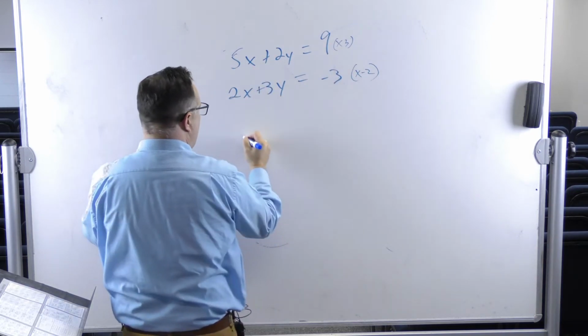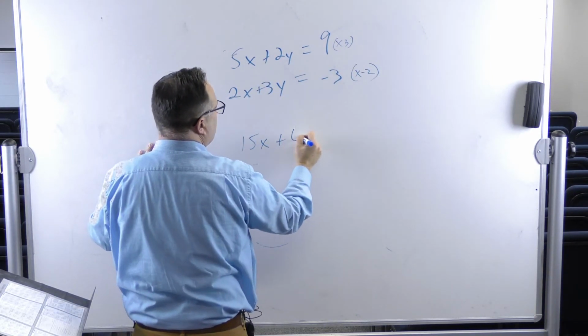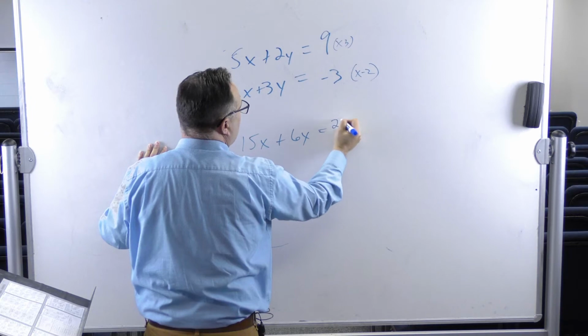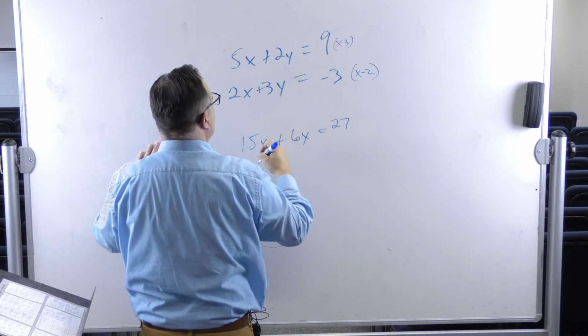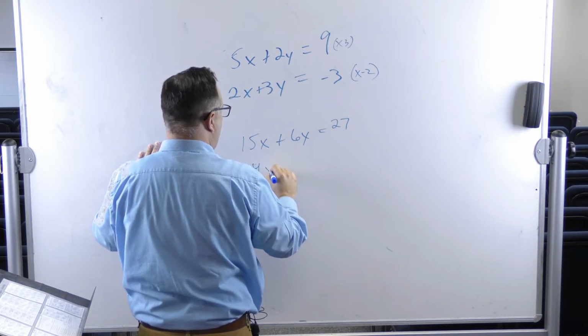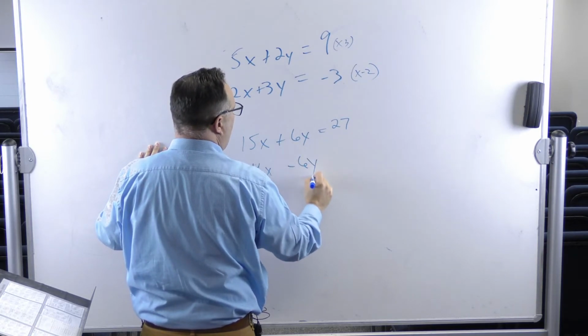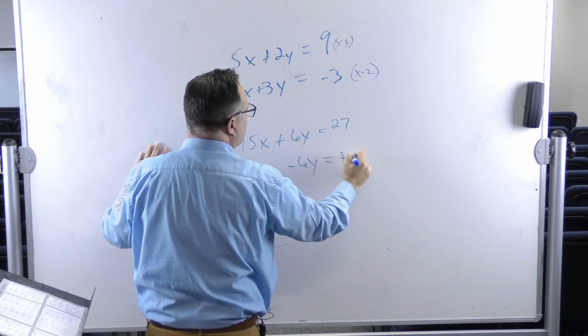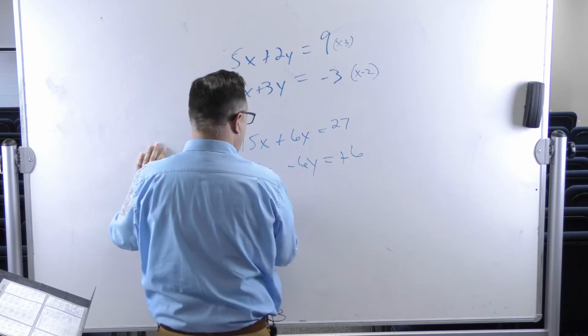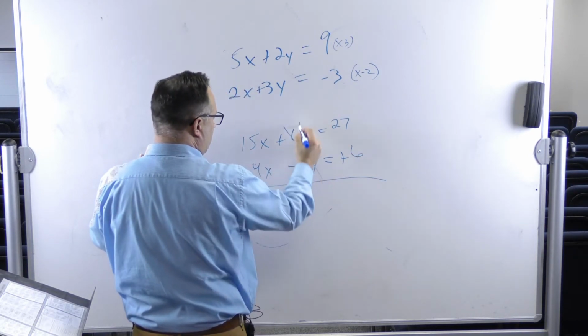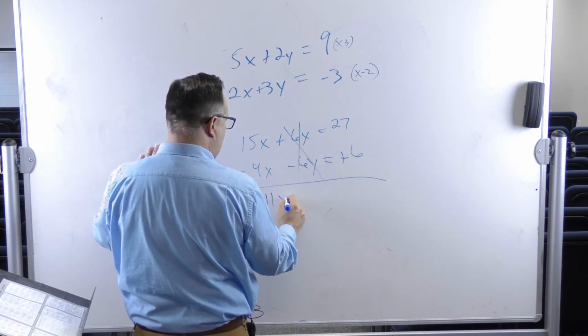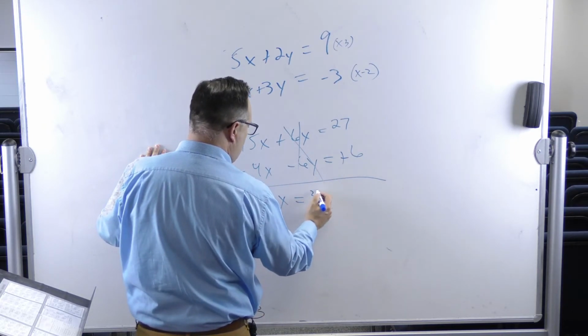So this is 15x plus 6y equals 27. And this is negative 4x minus 6y equals a positive 6. All right, this cancels out. Now I have 11x equals 33.